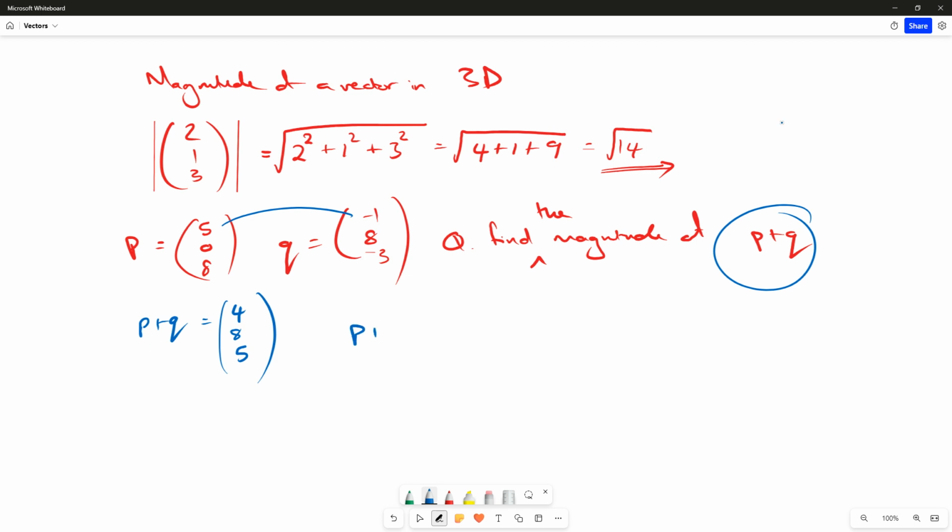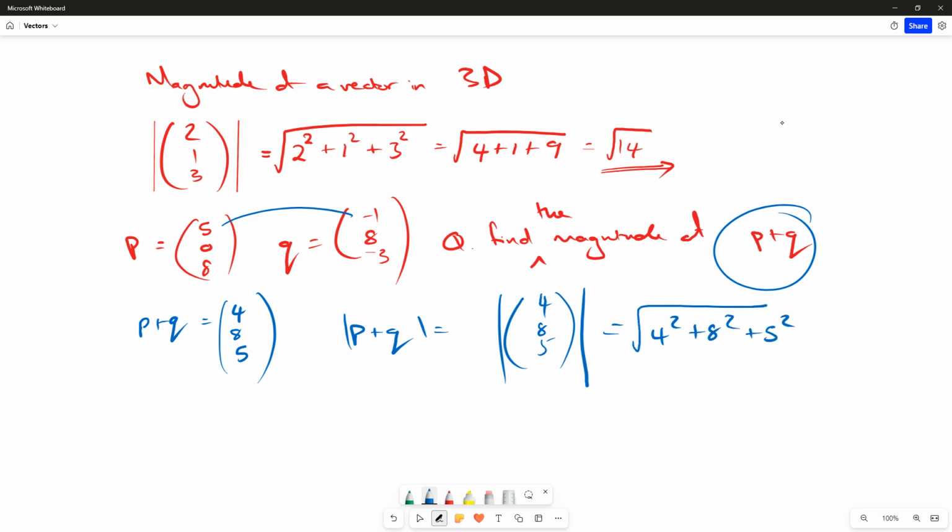And so the magnitude of P plus Q is the magnitude of 4, 8, 5, which is 4 squared plus 8 squared plus 5 squared, square rooted. So that's 16 plus 64, which is 80, plus 25, which is 105. So the square root of 105 would be the magnitude of that vector in 3D.